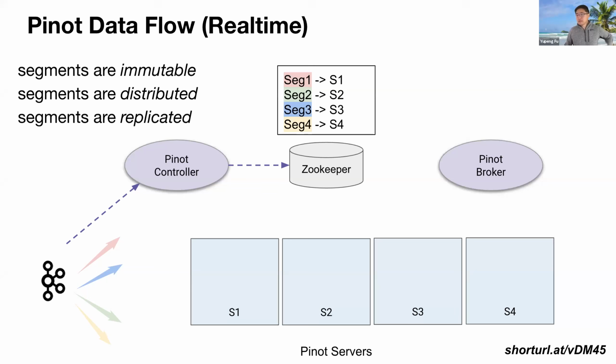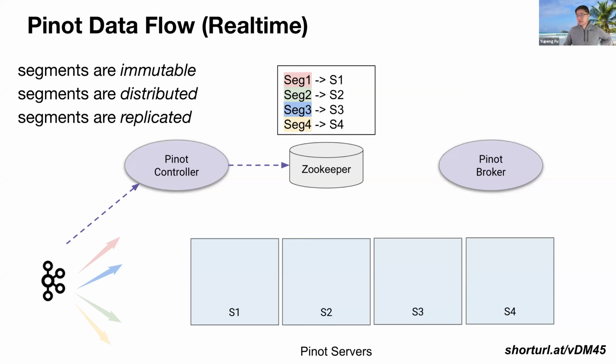One is that Pinot splits the real-time data and groups it into segments. In this case, you can see there are 4 segments. And these segments are distributed to different servers, both for reliability and for better performance, so that we can run a query in parallel without hitting the bottleneck of one server.